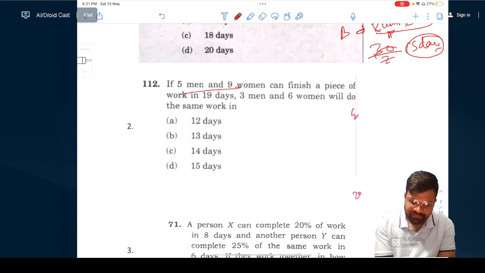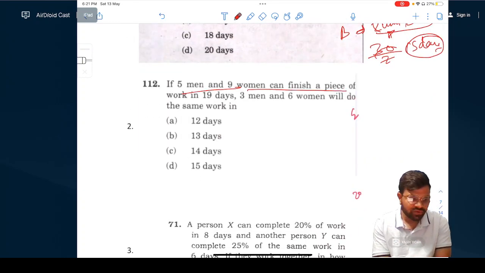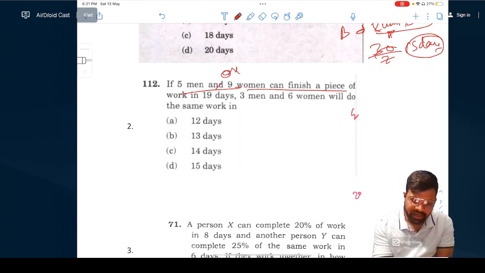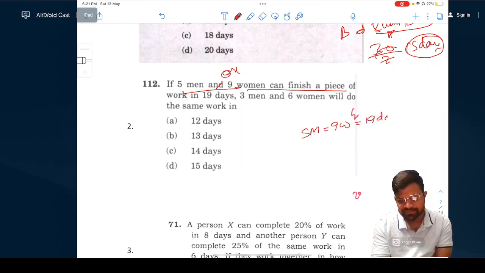If 5 men, I've already told you this question was wrong. If this question would have been like 5 men or 9 women, so it will be like 5m = 9w = 19 days.